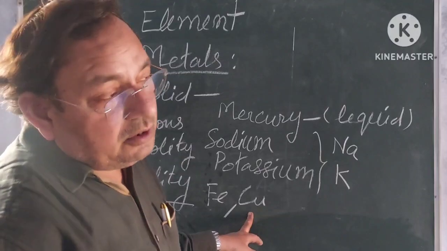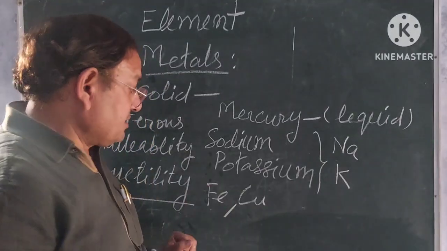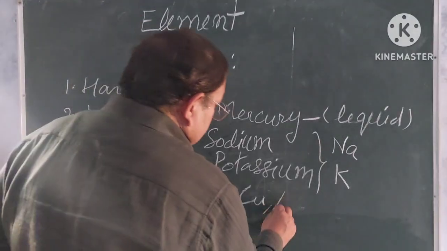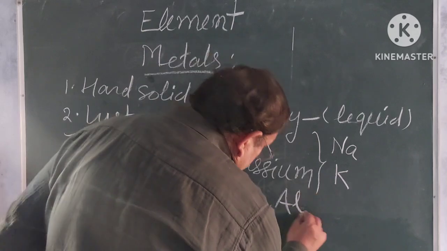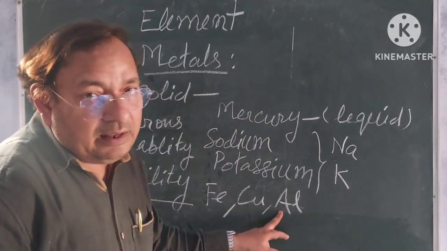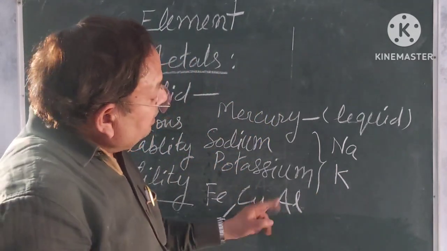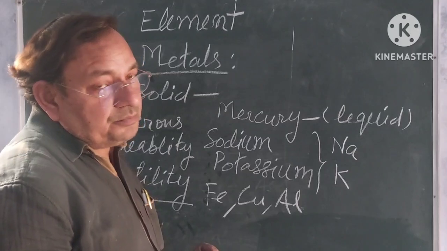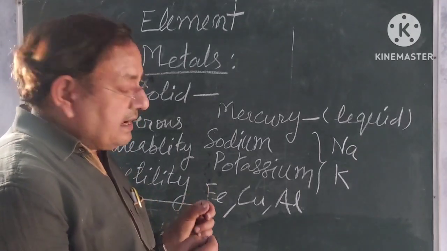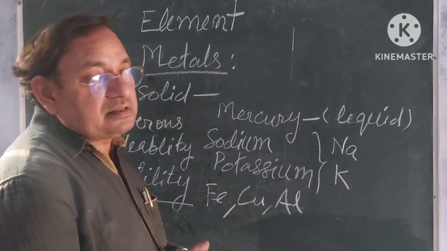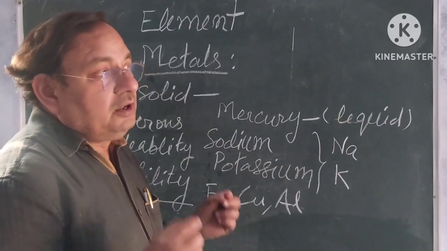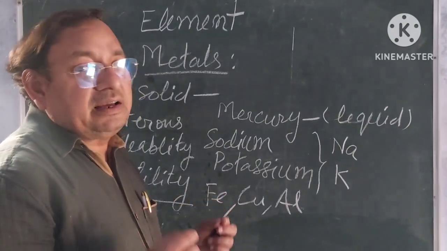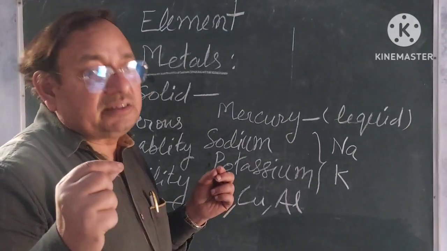Copper is also a ductile metal. Aluminium, the symbol is Al. It is also ductile because we can convert this metal aluminium into a thin wire.